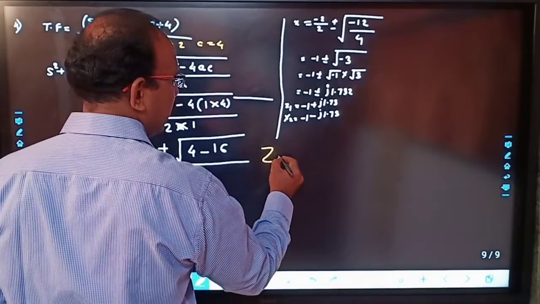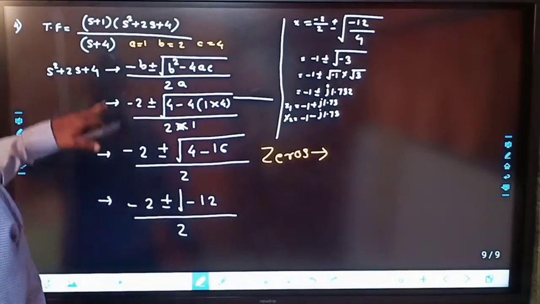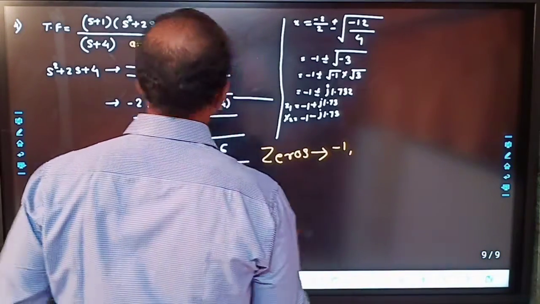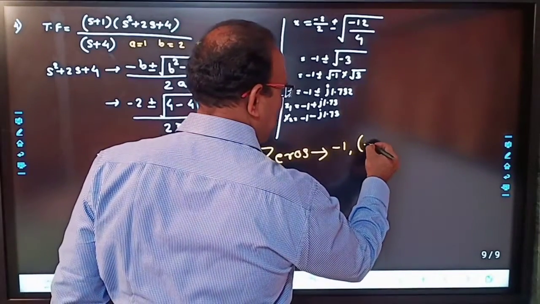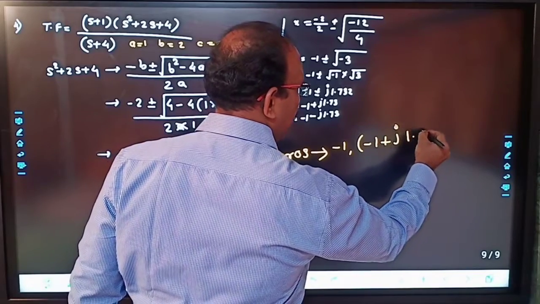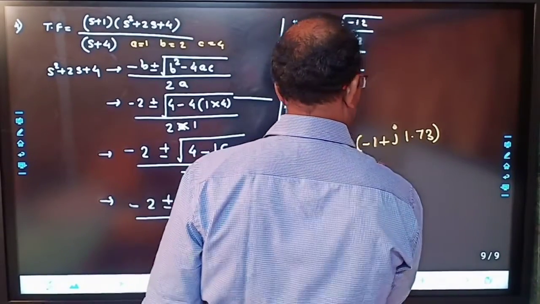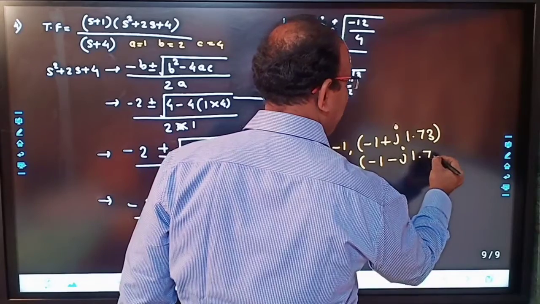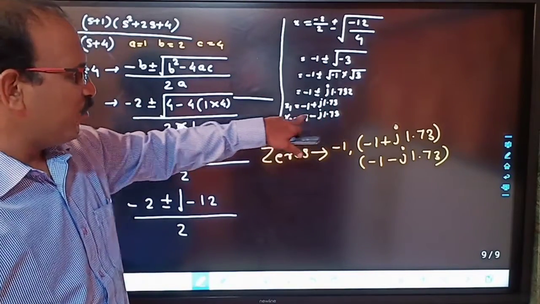Zeros will be minus 1. Here s square we got 2: minus 1 plus j 1.73. And one more we got minus 1 minus j 1.73.